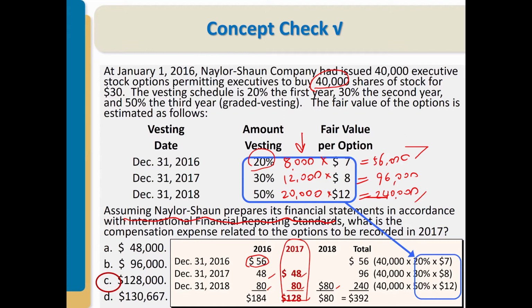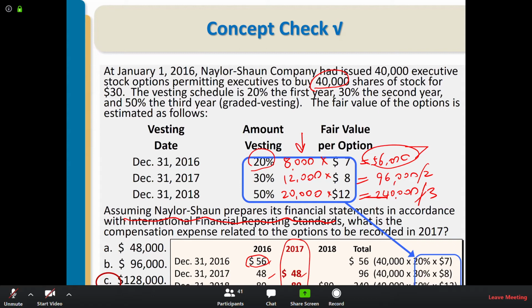How to get this number again? 56 is this 56, the 40, first year. 48 is 96 divided by 2 because it vests in 2 years. That's why each year you're going to recognize 48. And that 80 is this 240 divided by 3. Because it vests in 3 years, you're going to allocate over 3 years. That's how we get 80, 80, 80.